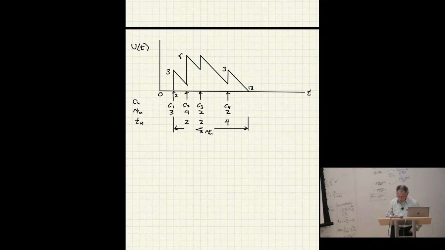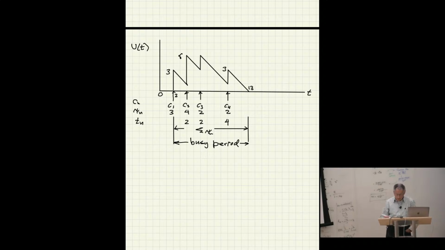And it's also what we're going to call a busy period. That's the interval during which the server was continuously busy. Started out idle, ended up idle.